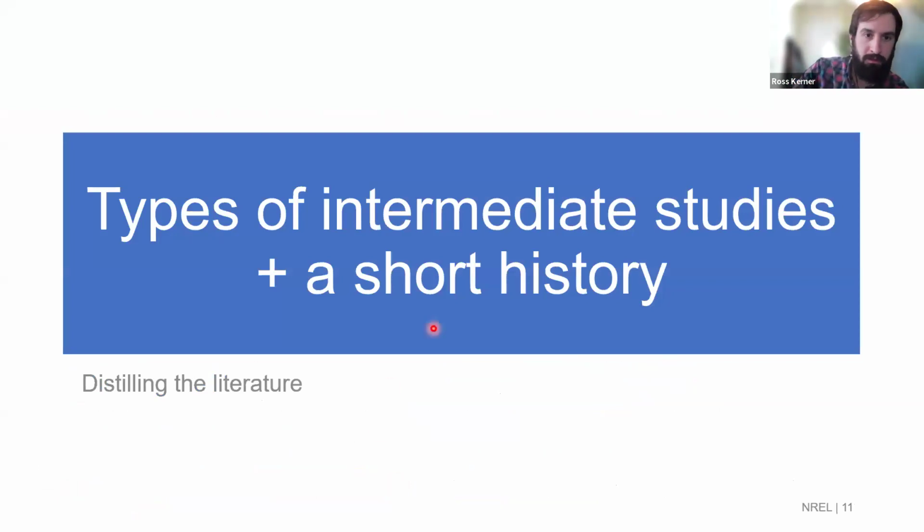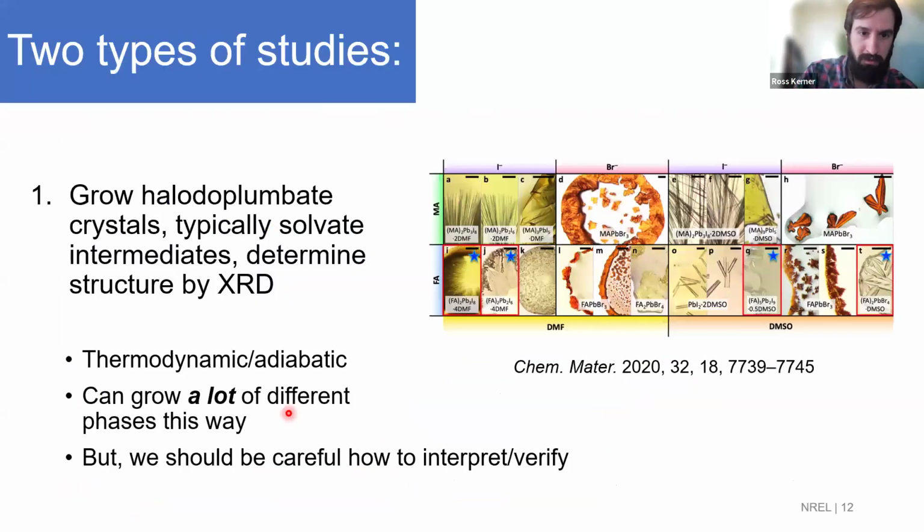So before I do the distilled literature, I want to talk about the two main categories of studies that people use to look at intermediates. And this is the first type, which I alluded to, where people will grow halidoplumbate crystals.